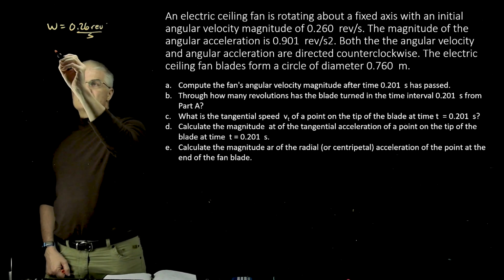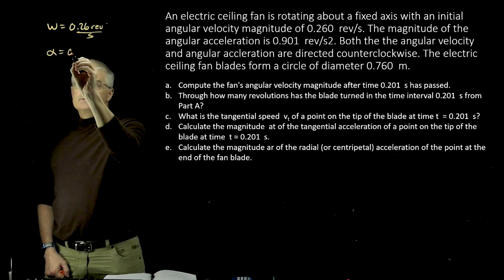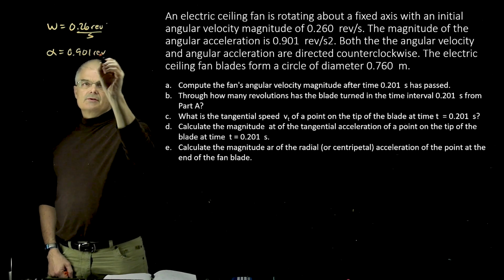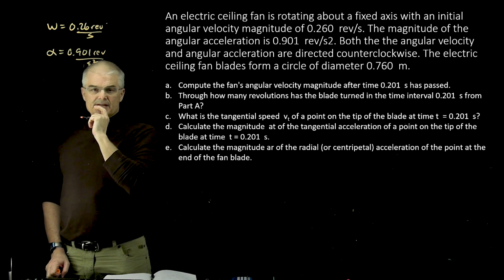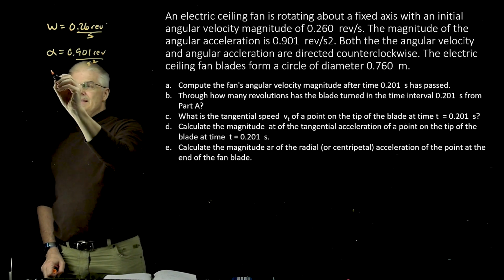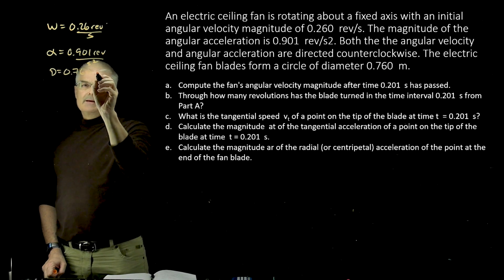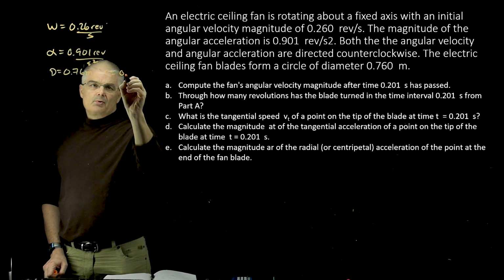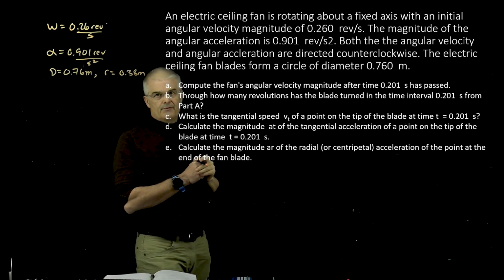And we know the acceleration, the alpha, is equal to 0.901 revolutions per second squared. We know the diameter D is 0.76 meters, and R would be half that, 0.38 meters. So that's the data we get from the first screen.